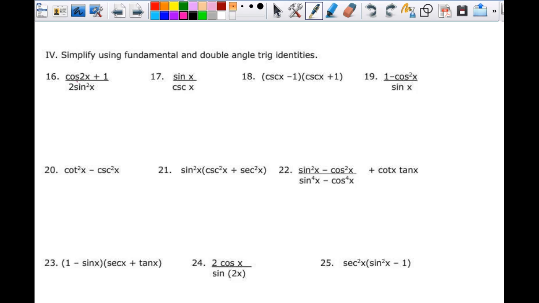But when I substitute the cosine, if you think about what they are, so cosine of 2x equals 2 cosine squared x minus 1, or 1 minus 2 sine squared x, or cosine squared x minus sine squared x.